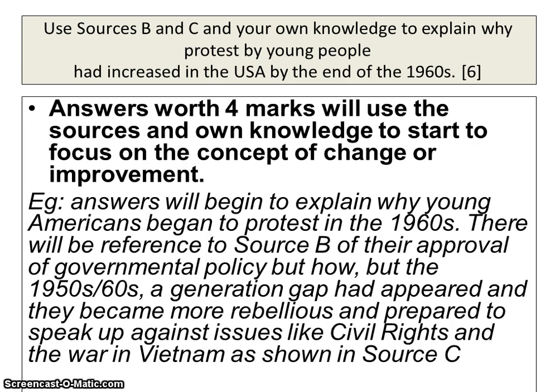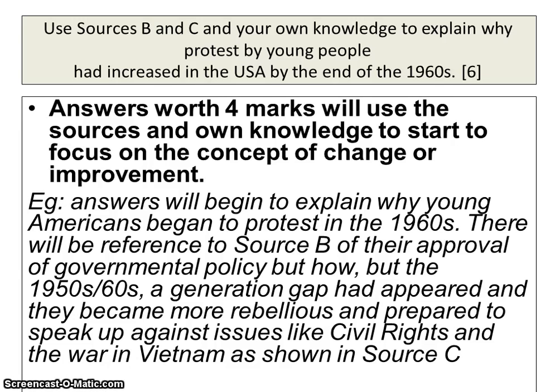So use source B and C in your own knowledge to explain why protests by young people had increased in the USA by the end of the 1960s. It's worth 6 marks. Like I say to you all the time, students, you have to use your own knowledge and the sources to gain top marks. It's best if you use the sources to extract information and support this with your own knowledge.